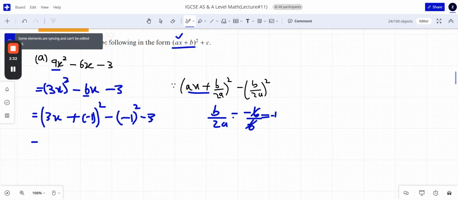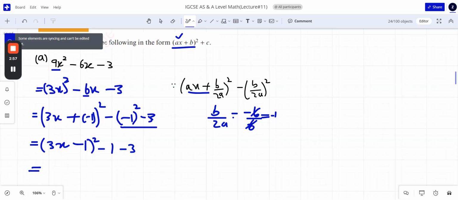The first one, the 3x we will keep the same, and plus minus makes minus, (−1)². We got our required form (ax + b)². Now we need to solve the constant value, meaning the c value. So here (−1)² would be plus 1, then plus minus makes minus 1, and minus 3.